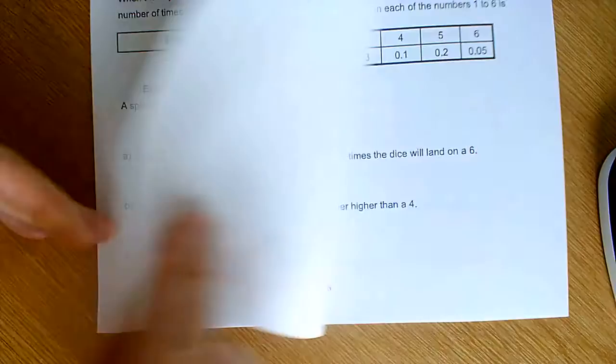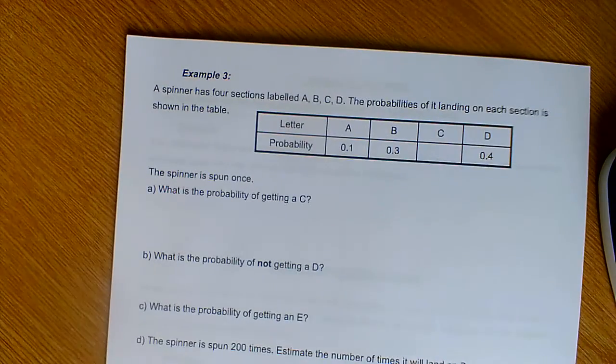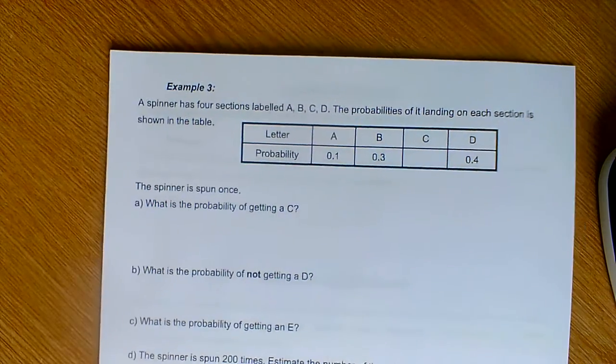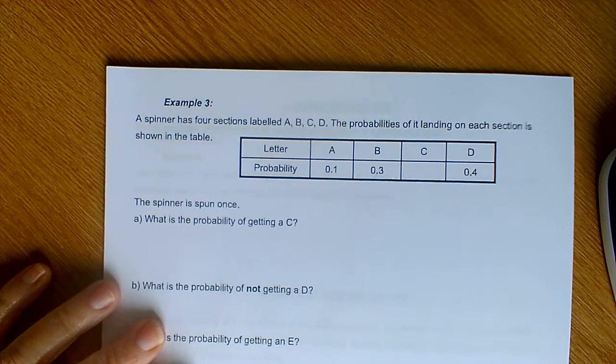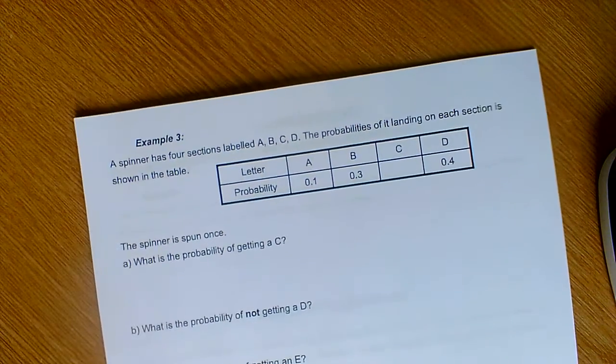Okay, moving on. Example 3. A spinner has 4 sections labelled A, B, C and D. The probabilities of it landing on each section is shown in the table. Bear in mind that probability adds up to 1. What is the probability of getting a C?